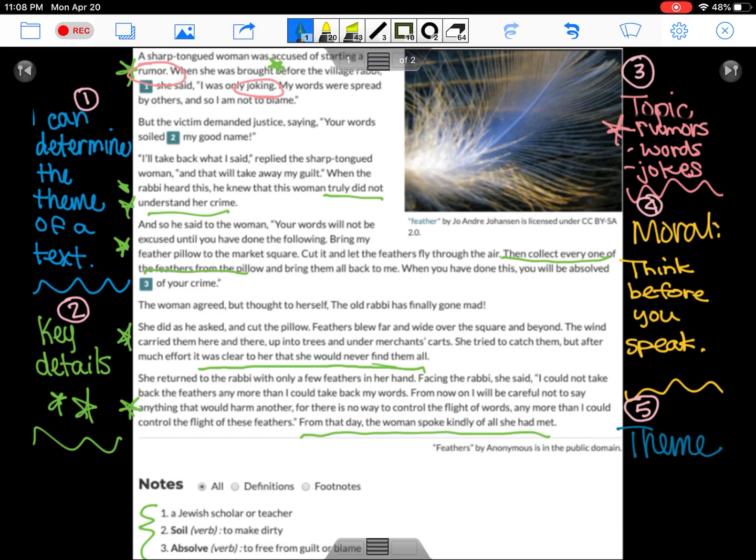You could also say, if people aren't careful with their words, they may say something they can't take back. I really like to write my themes starting with if. And that kind of gives us an option to set up the little scenario. If this happens, then this might happen.